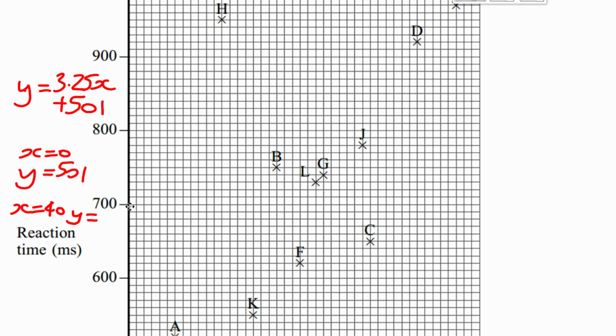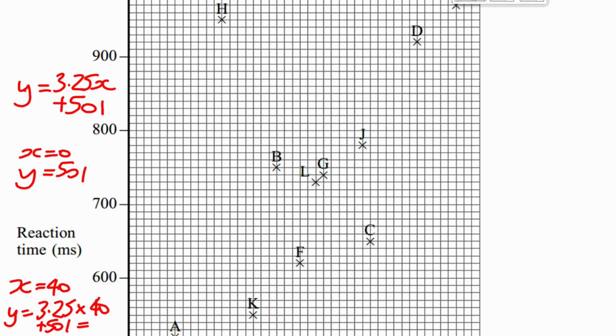When x equals 40, y is going to equal 3.25 times 40 plus 501, which equals 631.